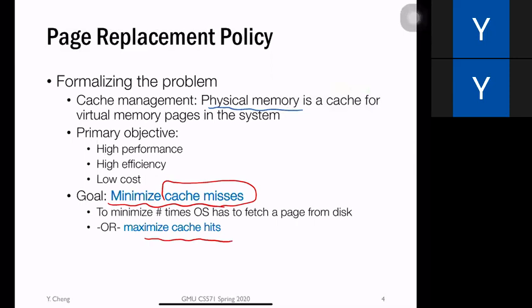So how to understand this is that it tries to minimize the total number of times that the operating system has to read a page out from disk, basically to minimize the total number of IOs hitting the disk, right? So this is the ultimate goal of a page replacement policy.